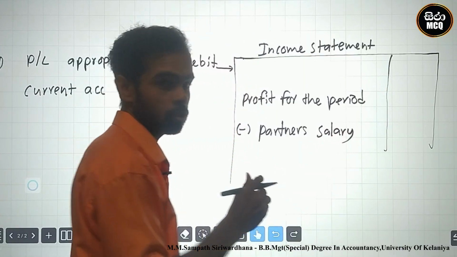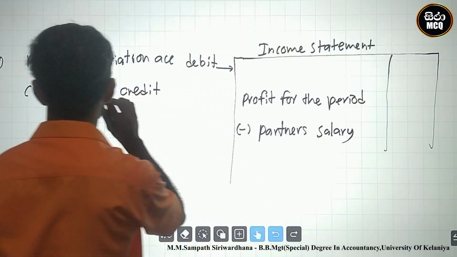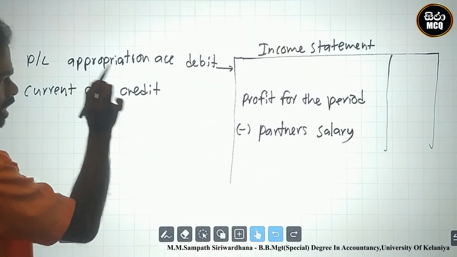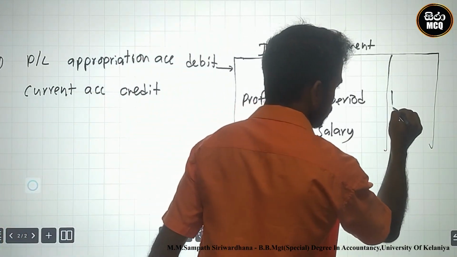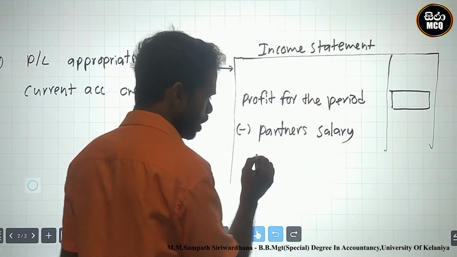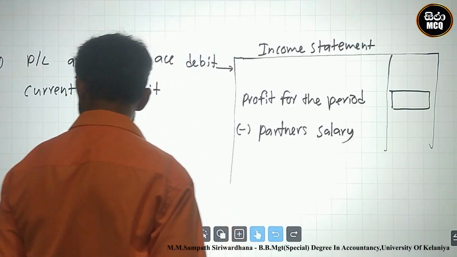Not one partner's salary, the total partner salary. There are 3 partners. This location, profit or loss appropriation debit, means we must deduct from profit for the period. Okay, partner salary. Who are the partners?